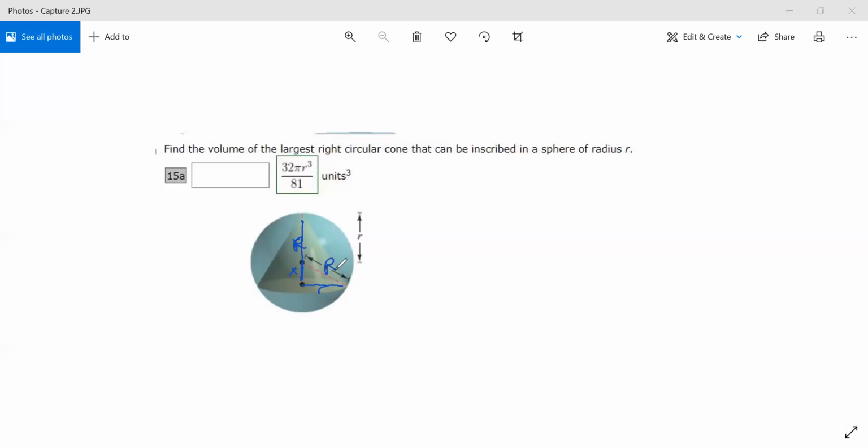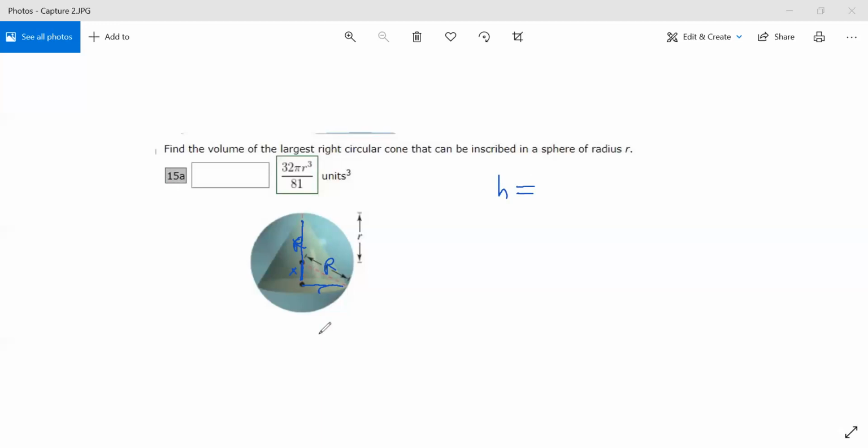So therefore, this distance here, which is the height of the cone, will be r plus x. So I will write it like this: r, h.